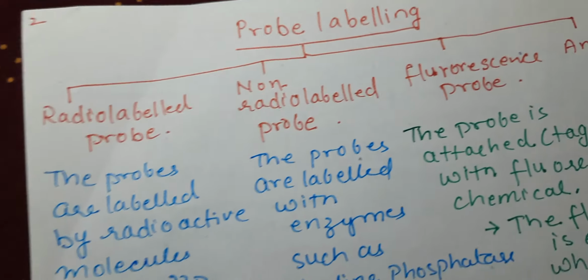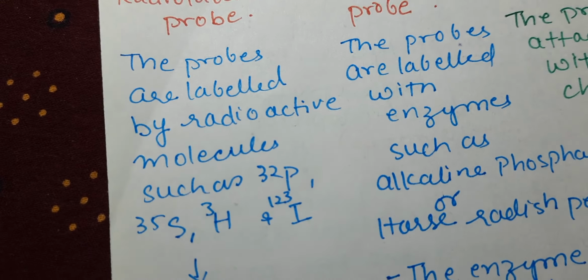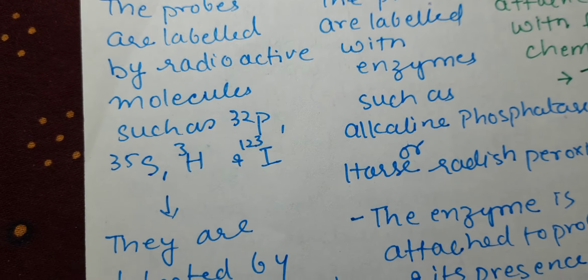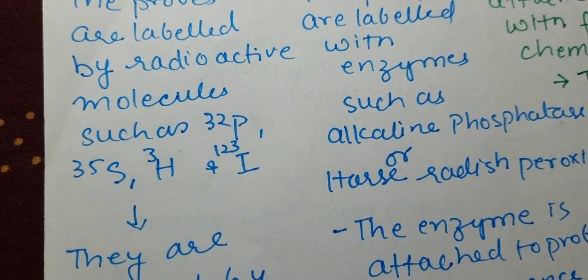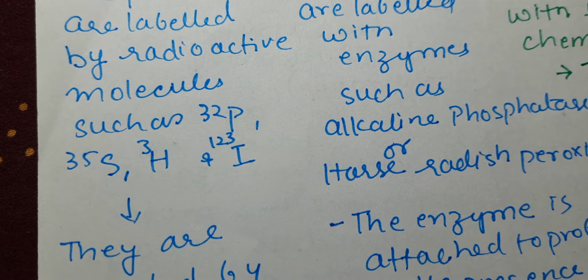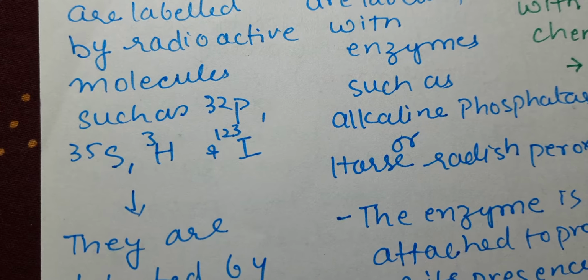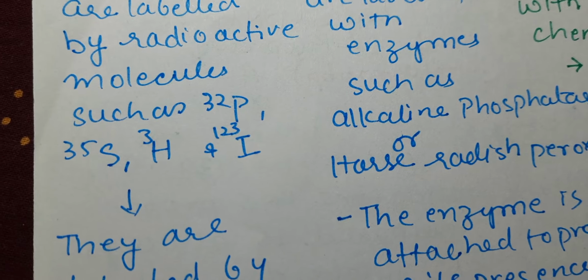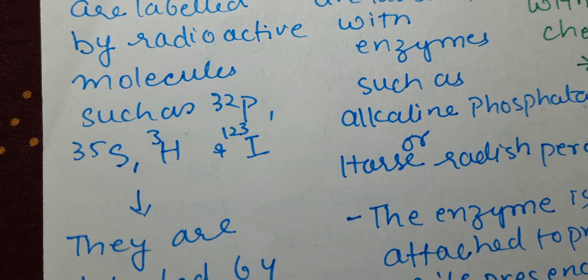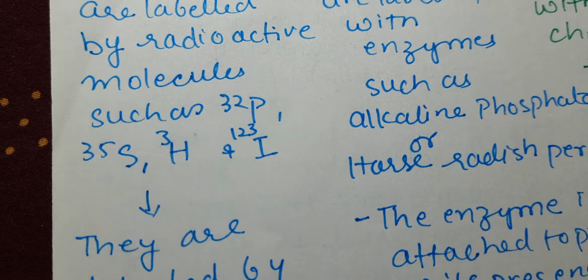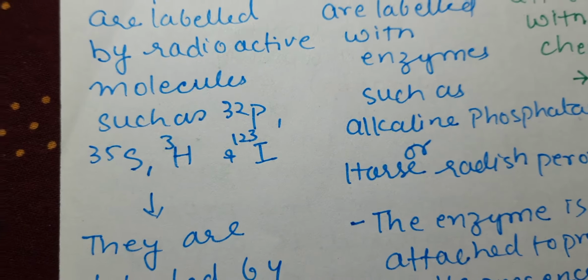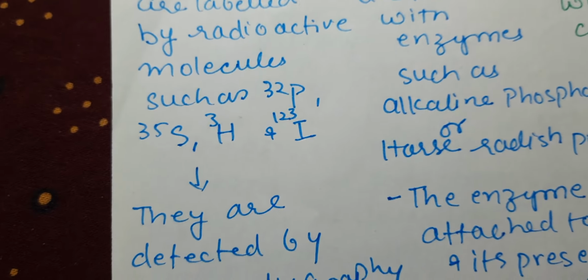We'll discuss just three. In a radio labeled probe, the probes are labeled with radioactive molecules such as P32, S35, H3, I125, and there are ways to do the labeling like nick translation, or it is done at the end.